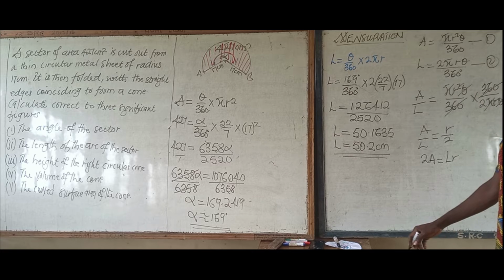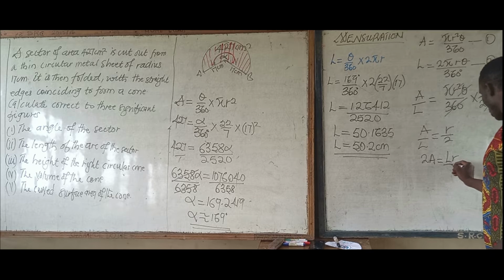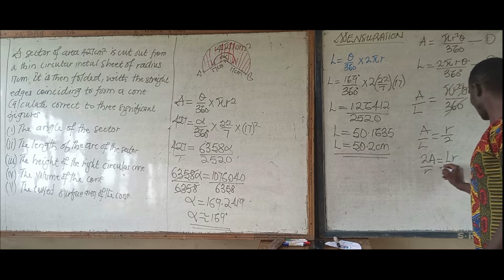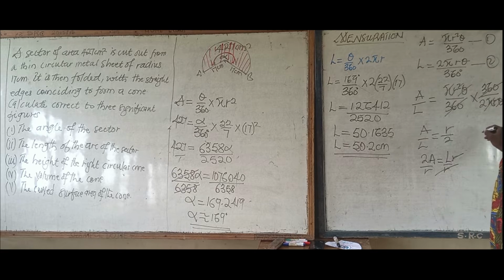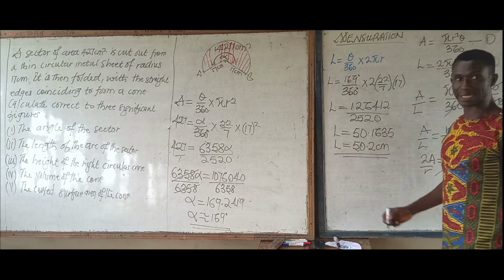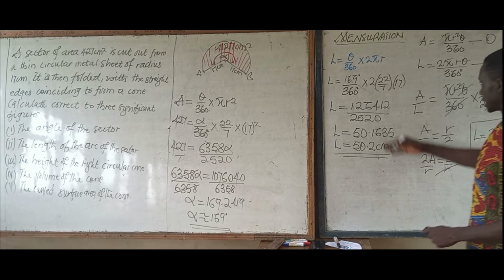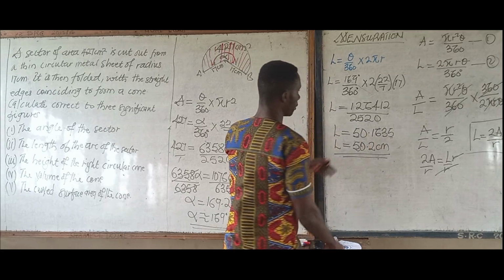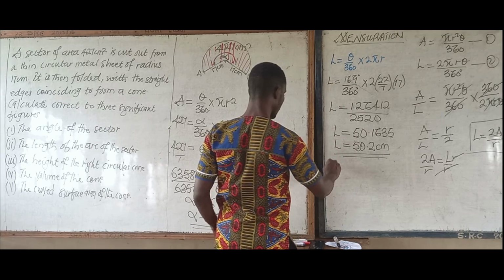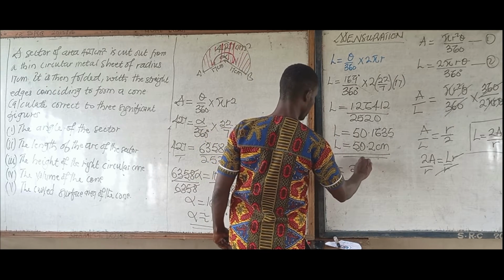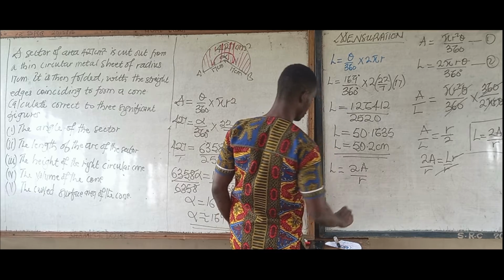So if I want L, I will divide by r. So we have the length of the arc should be 2 times the area over r. So instead of using this long formula, what I'm proving here is L is equal to 2A over r.